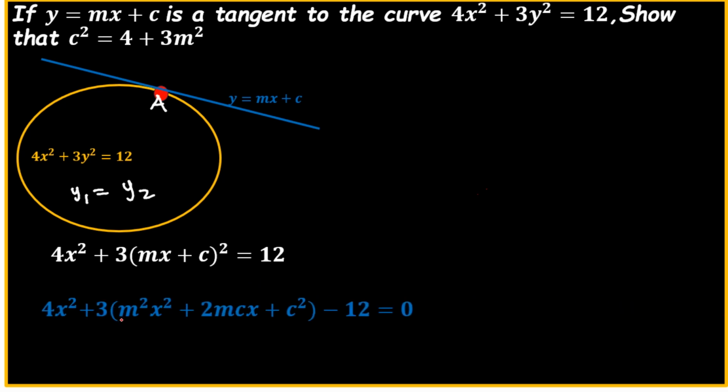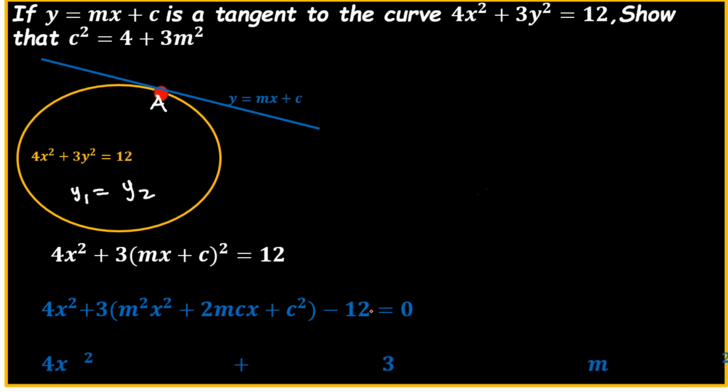The next step is to expand what is inside the bracket. So I'm going to say m squared x squared, then plus 2 times mx times c to obtain 2mcx, then plus, when I square c, I'm going to get c squared. Now I'm going to transfer this 12 from the right hand side to the left hand side, meaning that I'm going to subtract the 12 and everything equated to 0.